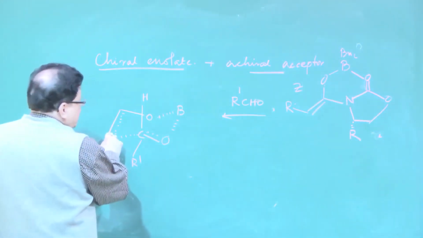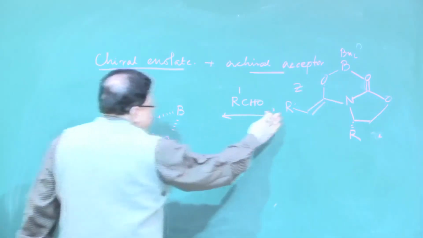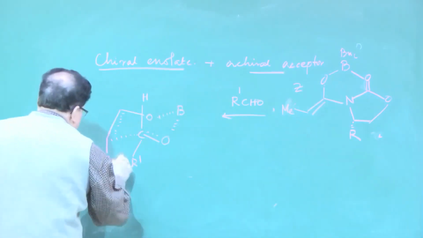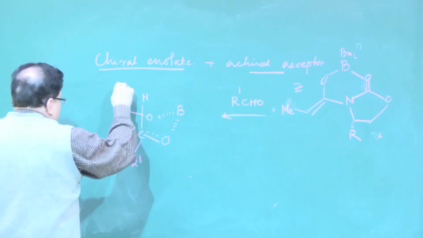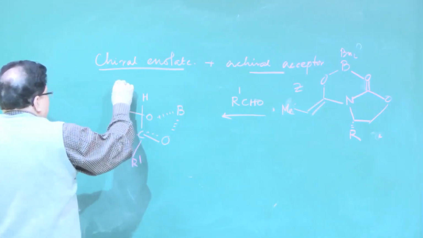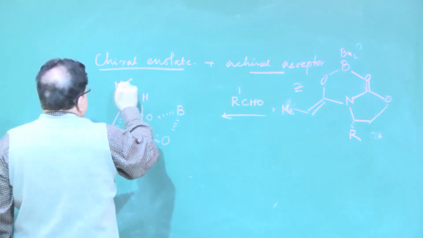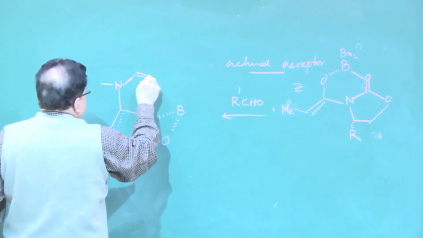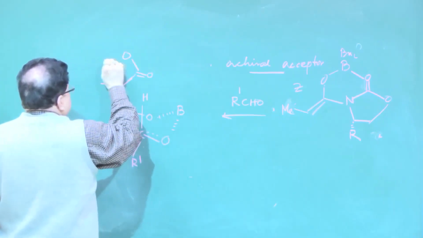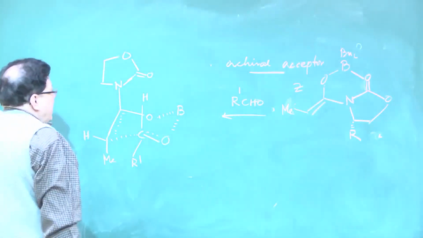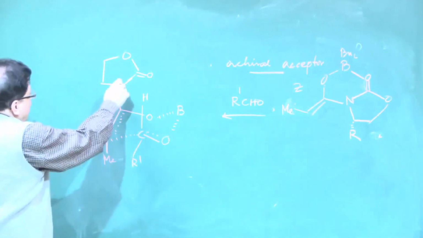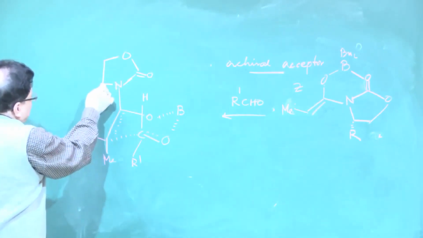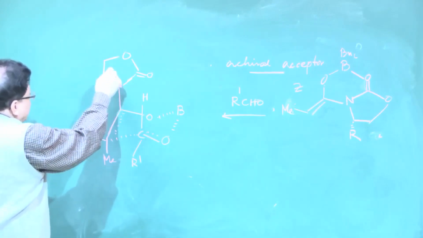So, if R is methyl, make it methyl, as a particular example. The methyl will be here, hydrogen will be there, and this is your chiral auxiliary. Okay. Now, you can write this in two fashions. If you write it in this fashion, let us see whether the R group is now alpha or beta. If this is 1, that is 2.